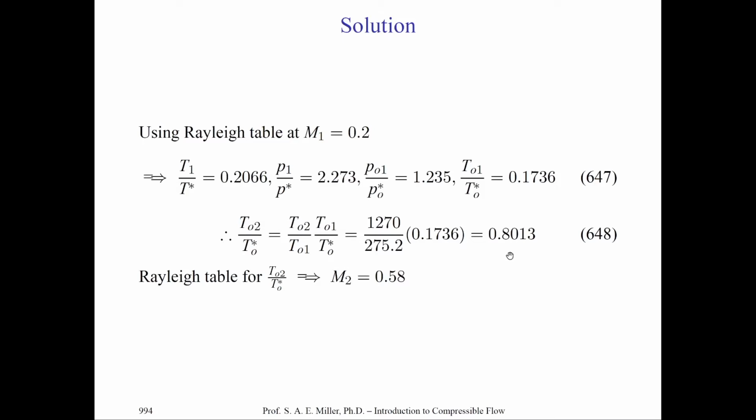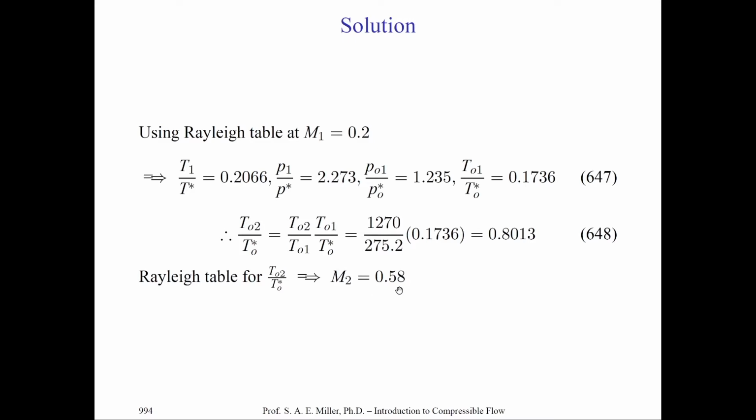Let's fill in these values from the previous slide and this slide, and you'll get T02 over T naught star of 0.8013. We can then look up this number and look at, once again, the Rayleigh flow equation for Mach number with T naught over T naught star. Indeed, you'll find through that equation and solution for Mach number, or a table lookup, M2 of 0.58. So you'll see from M1 of 0.2, a heat transfer rate, positive, will accelerate our flow, which makes sense according to Rayleigh theory.